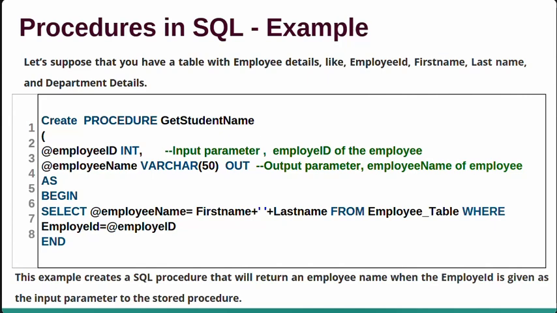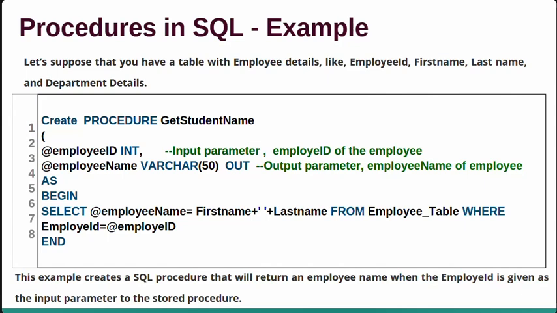So AS BEGIN, SELECT @employee_name = first name plus last name FROM employee table WHERE employee ID = @employee_ID. Whenever we prefix with an @ symbol, it represents a parameter which is passed to the procedure.